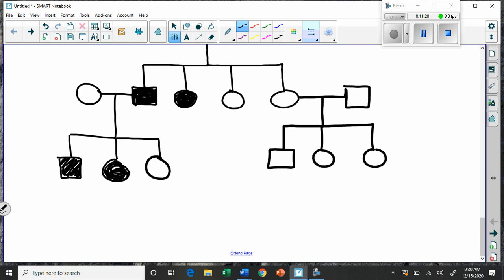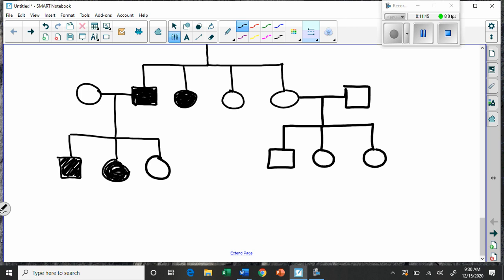We use the word normal. It's not necessarily the best word to use, so affected or non-affected, I suppose, is a little more politically correct. But the problem is that genetics has been going for many, many decades, and so you'll hear words like that, and don't be upset about it.